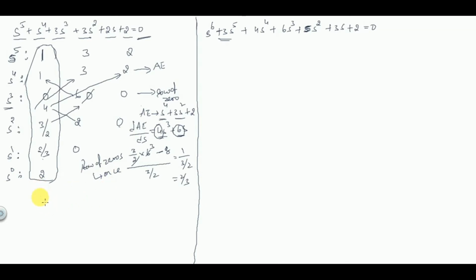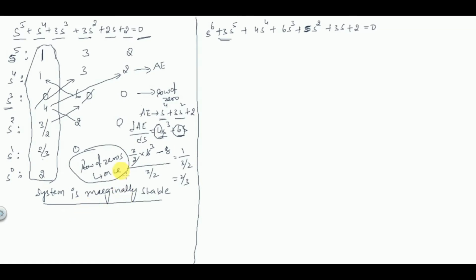From the 9th point, which I explained in the previous video, the system is marginally stable. Whenever a row of zeros occurs only once and there are no sign changes in the first column of the Routh array, then the system is said to be marginally stable.